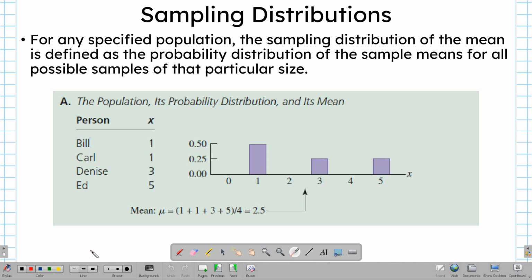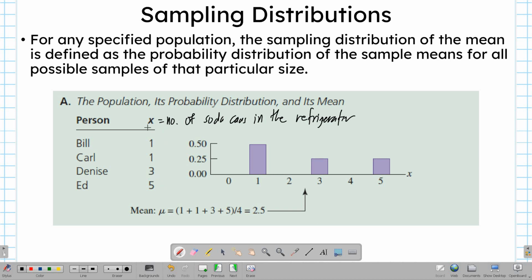Say, for example, we have the random variable x as the number of soda cans in the refrigerator. We have Bill with one soda can, Carl with one, Denise with three, and Ed with five.